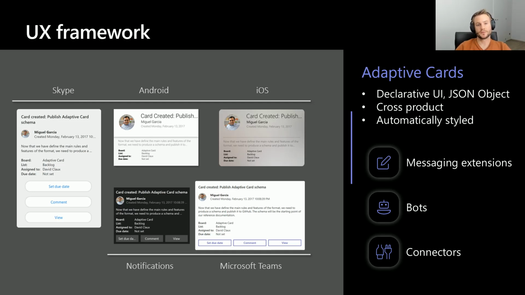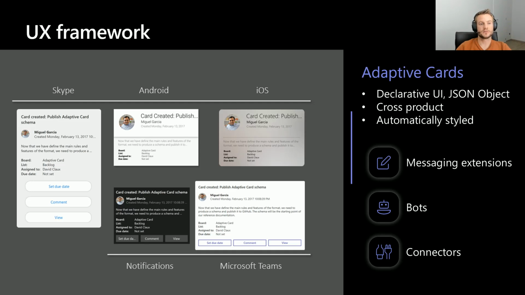Because adaptive cards are a JSON object, it's up to the hosting application to style it. As a result, the cards that get rendered have a native look and feel for the hosting application. You can see on the left-hand side 5 examples of adaptive cards. Those 5 are the same JSON object, but they render differently depending on the hosting application.